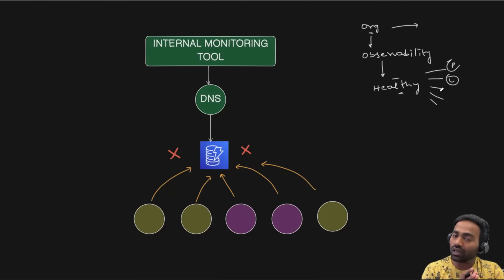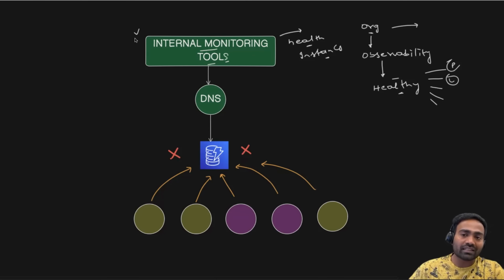cloud providers are no exception. They also have their internal monitoring tools. And these internal monitoring tools are responsible for understanding the health of internal AWS services as well as instances. Now, the issue was with this internal monitoring tool.